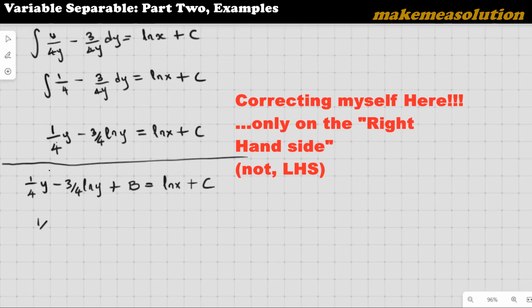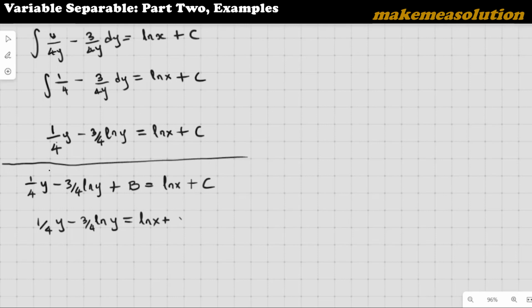You can simplify it like this: the left side is equal to ln x plus c minus b. Since c and b are both arbitrary constants, we should expect that c minus b would be another arbitrary constant. So we can say c minus b evaluates to a.